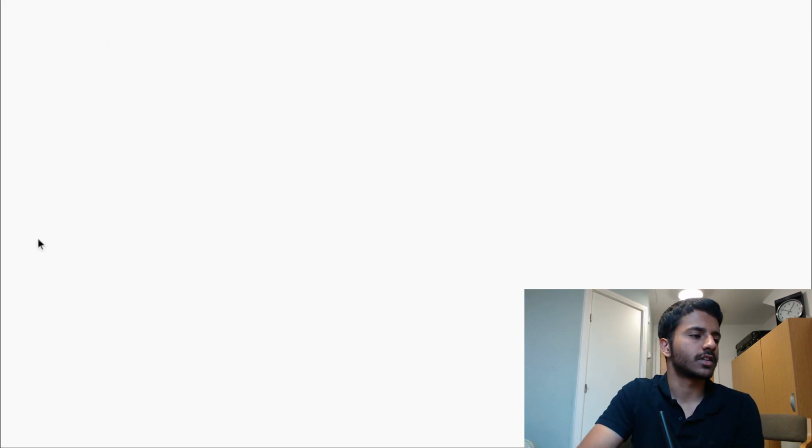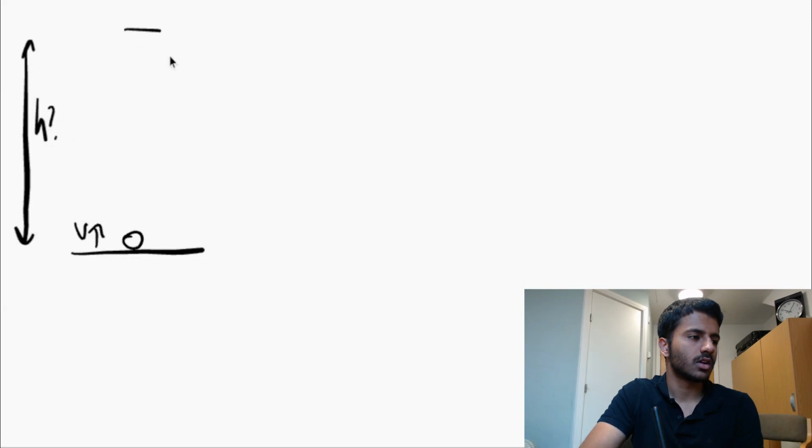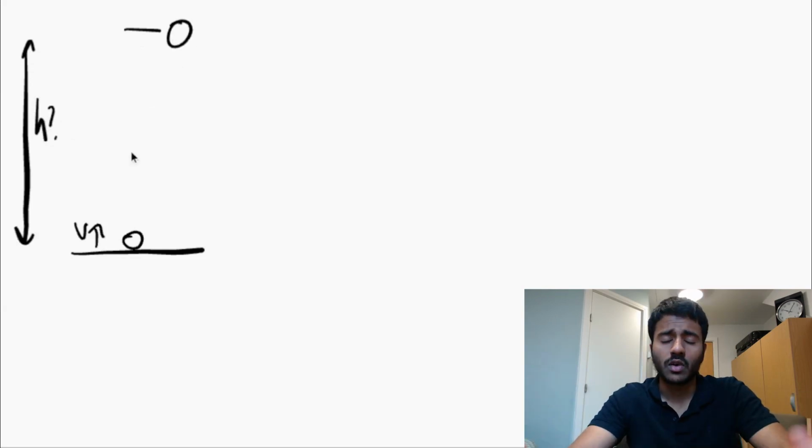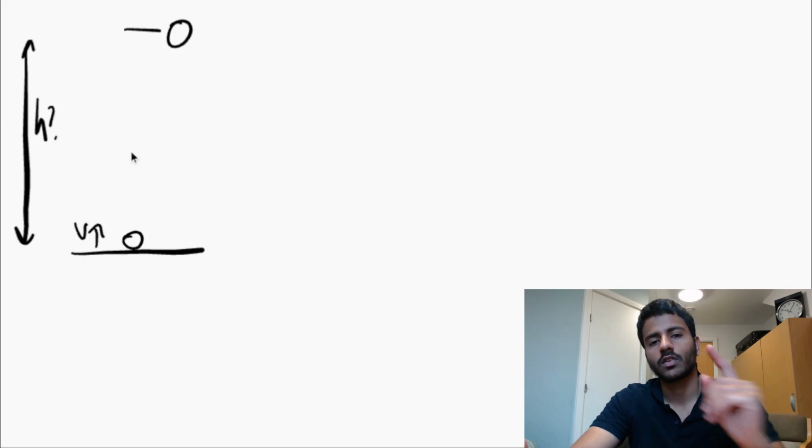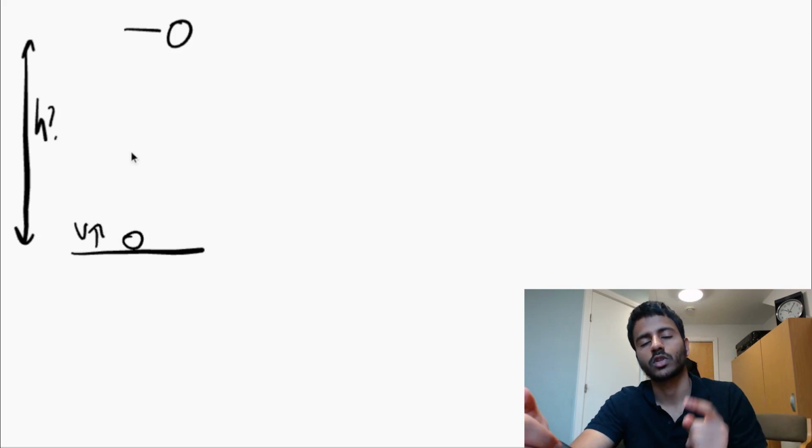Now, if we look at the first scenario, and I have this ball on the ground, I'm kicking it with speed v, and it's going to reach this height h, where it stops moving. I want to find out what height it stops moving, and there's two ways to do this. The first way is by using SUVAT, which is in my previous video.